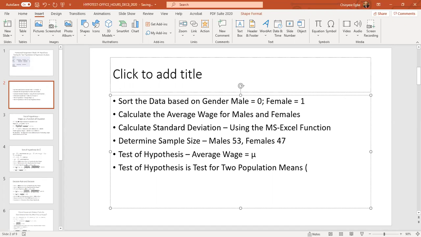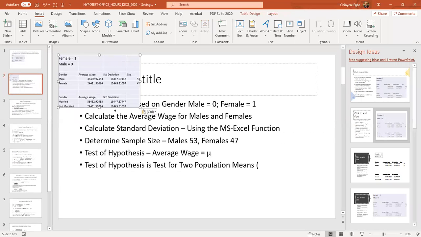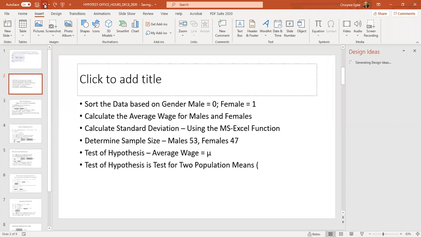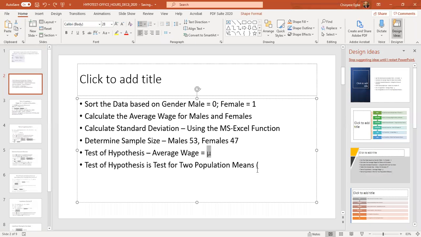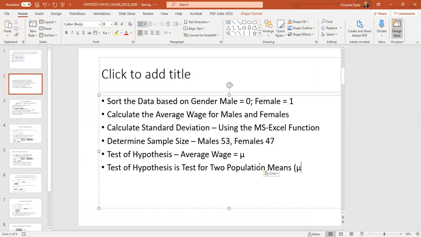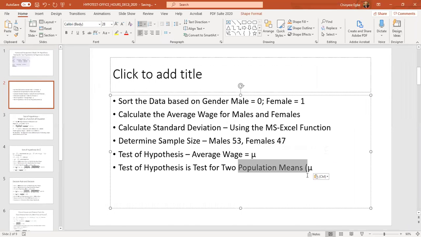Okay. Mu1 and mu2. That's what they're looking at.